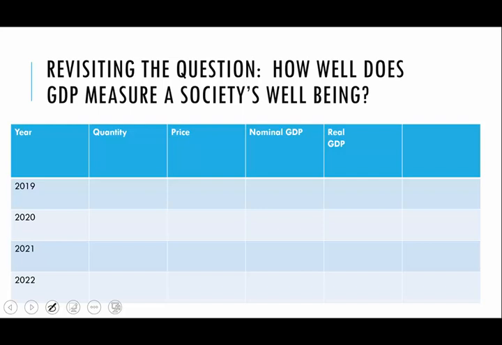What I'm trying to say here will become more clear once we go through these examples. But this is based on the numbers as they're calculated, not questioning how the numbers are calculated, whether they include leisure time or secondhand goods or whatever, but just the numbers themselves. How is that working in terms of measuring a society's well-being?